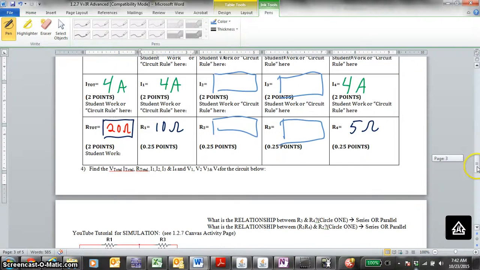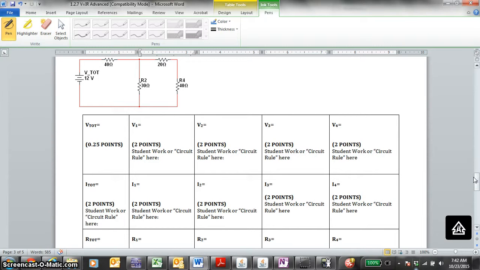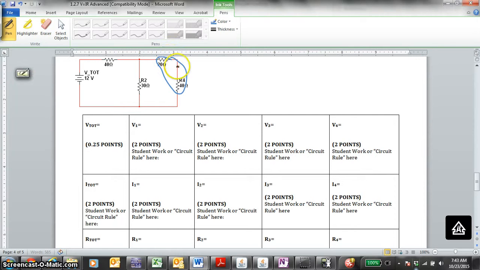Oh, that's pretty cool. Let's look at the fourth problem. 1, 2, 3, 4 resistors, a little different configuration. Hopefully you could figure out the relationship of these two resistors along this one shared wire. Okay, so let's redraw this circuit with 3 resistors.